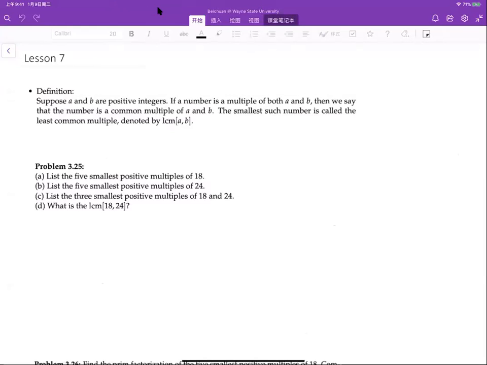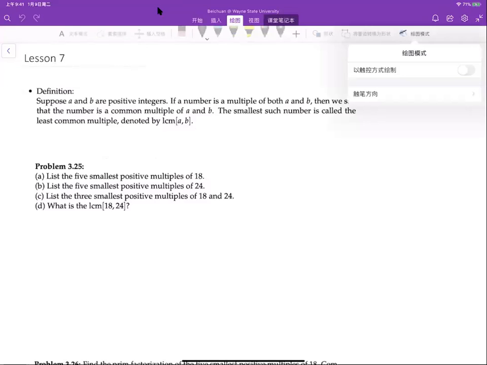Yes. All right, great. Today, let's start a new section. So today we'll introduce two concepts. The first one is called the least... Oh, just a moment.